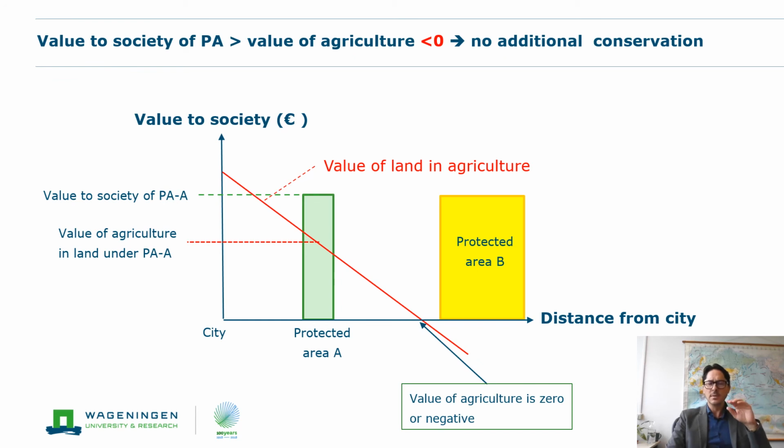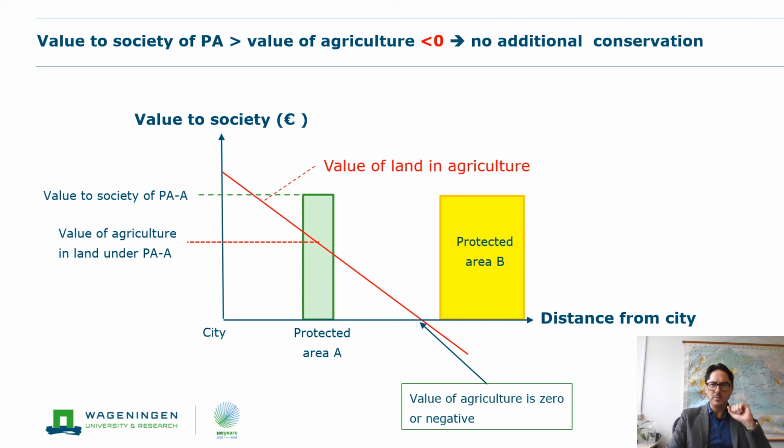Now, let's do the same thought exercise for protected area B. Sure, protected area B has positive value to society. Yet, I told you earlier that when the red line crosses the blue line, the distance from the city, the value of agriculture becomes 0. So, to the right of that point, the value of agriculture is negative.